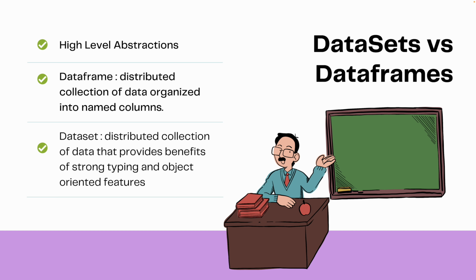Python, on the other hand, is a dynamically typed programming language, so data frames are the more preferable choice in Python compared to datasets. Yeah, that's pretty much about datasets versus data frames, and as I mentioned earlier, this might be one of the most commonly asked questions in interviews.